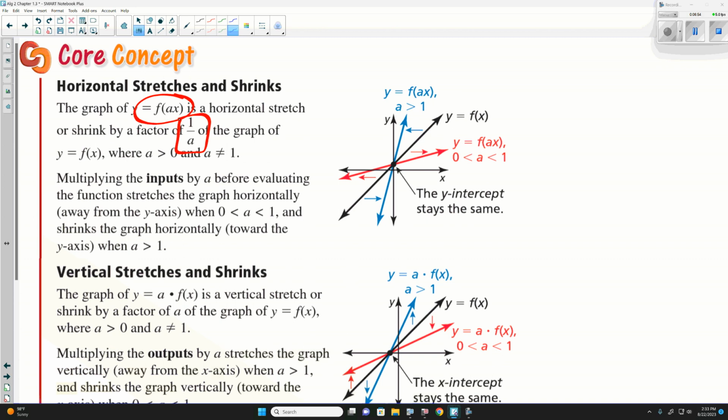That's the trick with horizontal stretch or shrink. Questions on this so far? So we're good with this, yes? Okay. Again, it's kind of the opposite of what we think, and that's the connection I made. Our horizontal stretch and shrink is f of ax, and vertical is a times f of x.